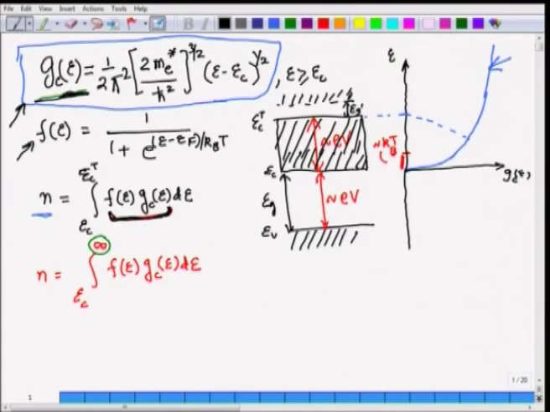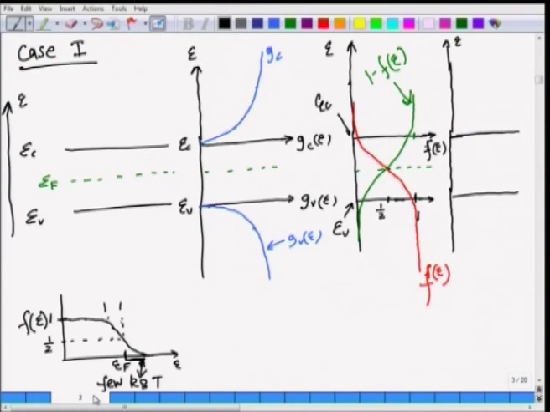Remember, f of E was plotted by the red line and g c was plotted by the blue line. I am going to take graphically the product of the red line and the blue line and plot that. So, let us do that right here. I am going to take this g c and multiply it by f of E, the red curve, and plot here f of E into g c of E.